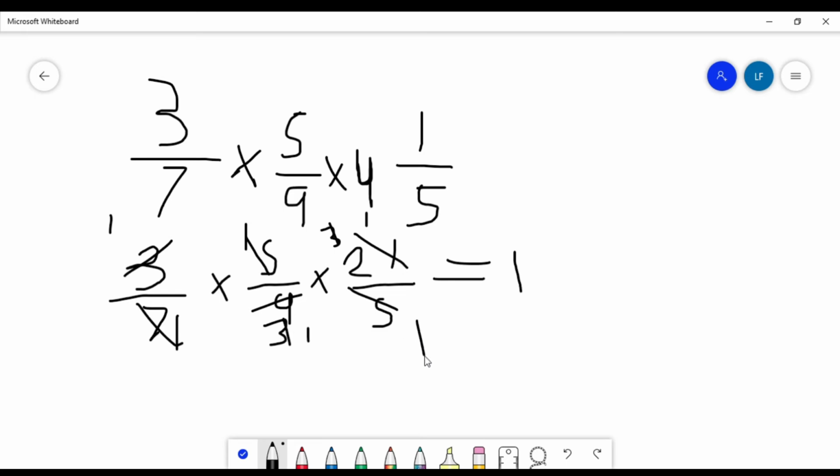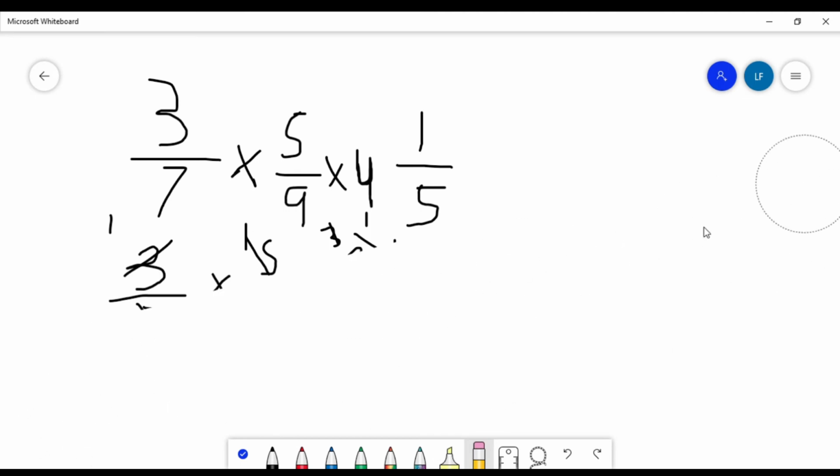Nothing is 0 here. So the answer will become 1. It cannot become 2 or 3, because 1 into 1 equals 1, unless it is multiplied by another number which is greater than 1 or lesser than 1. I'm talking about integers and 0, if you were wondering. Let me just erase this.